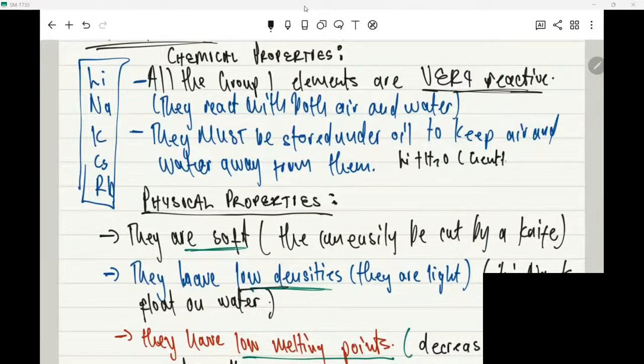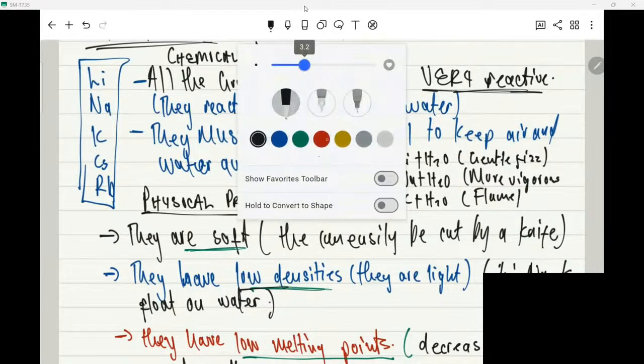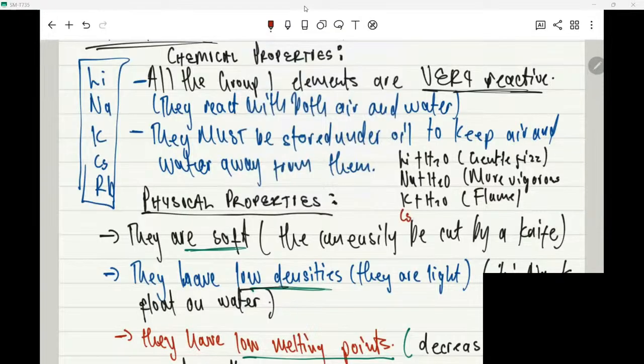Sodium plus H2O is more vigorous. Potassium plus H2O gives KOH, and we say it burns with a flame. The last two, cesium and rubidium plus water, give an explosion. So this is for chemical properties.